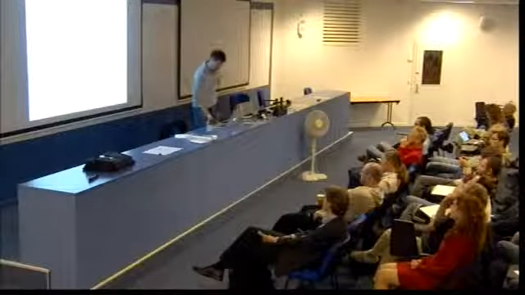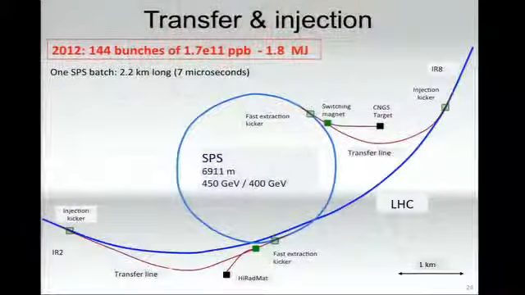Now the injection process. Our first challenge is to bring beam from the SPS down the transfer lines. So fast extraction from the SPS down TI8 for injection of beam 2, or down TI2 through Alice for beam 1, with other clients out there.